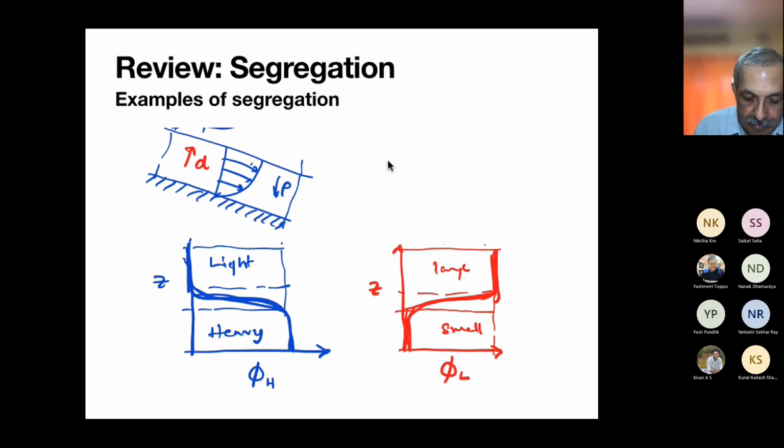So if you plot the concentration profile as a function of the height, the heavy particles will come down here, the light particles will be up there, and in between there will be a mixed region. Similarly, the large particles will rise to the top, the small particles will sink to the bottom, and in the middle there will be a mixed region.